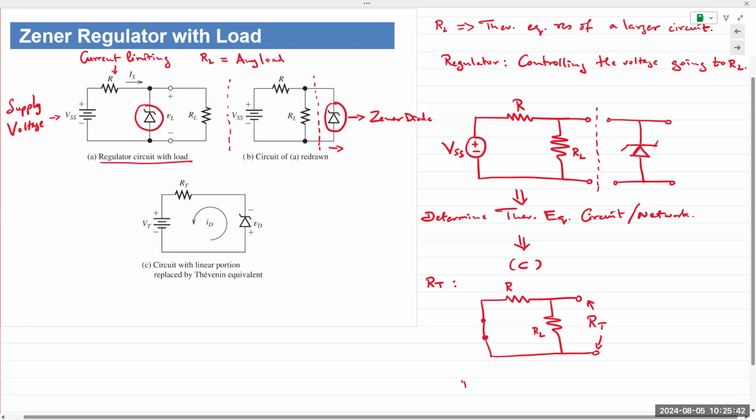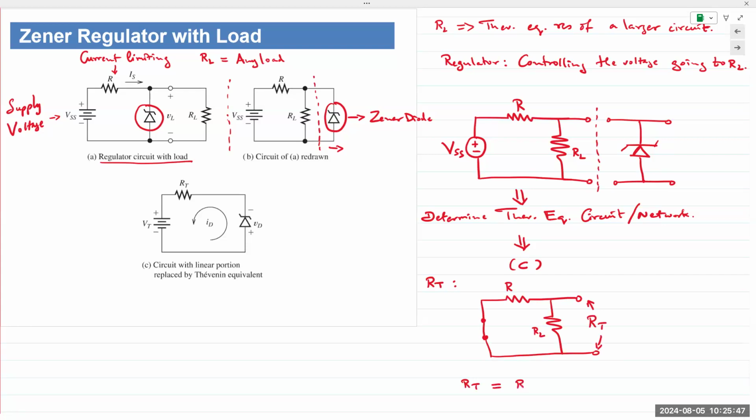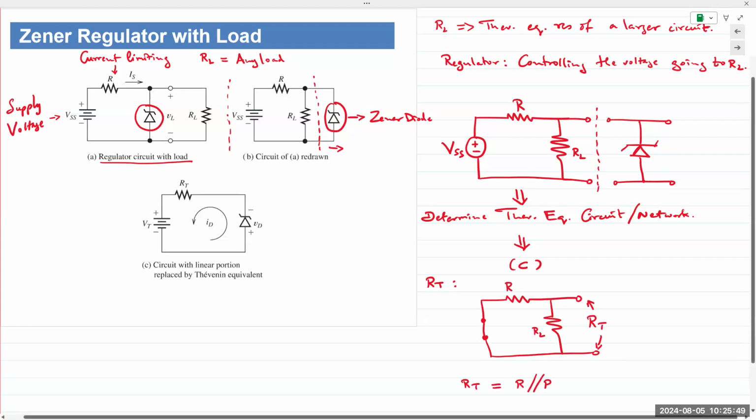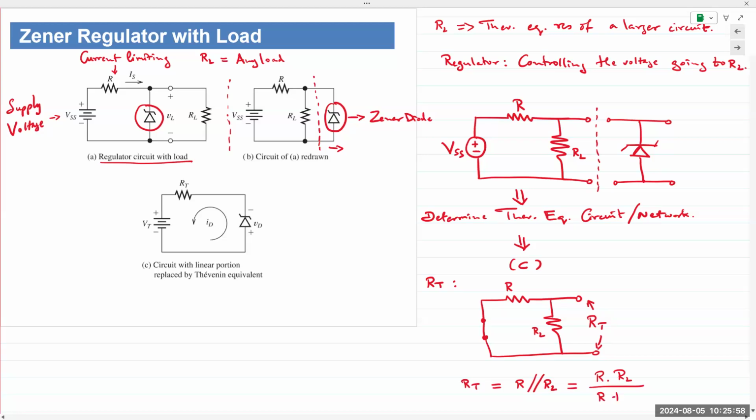And RT, looking back into the circuit, comes out to be R in parallel with RL. So this would become R times RL divided by R plus RL.